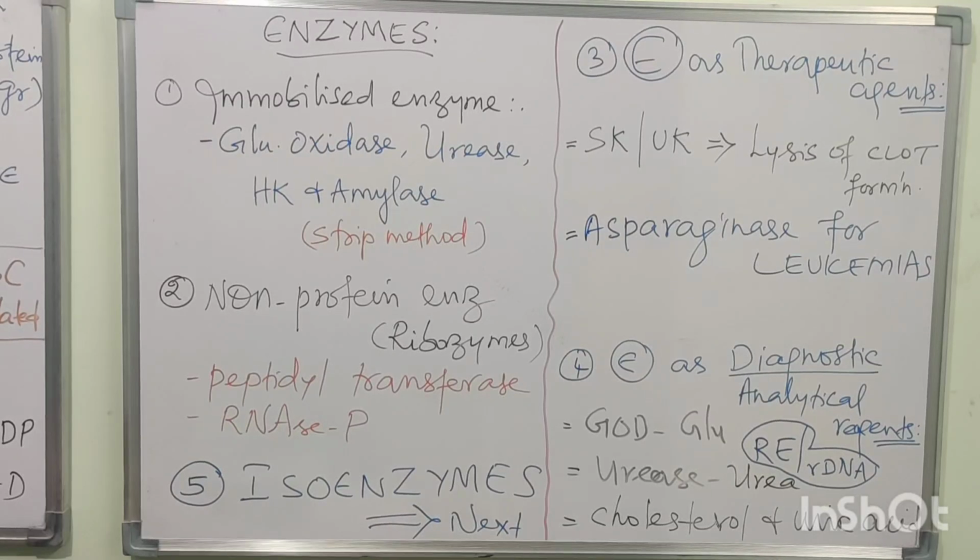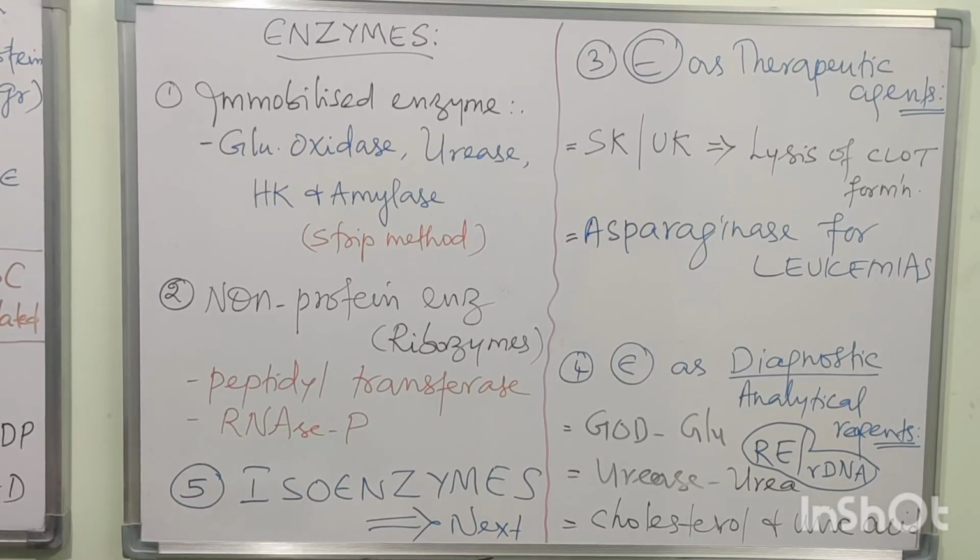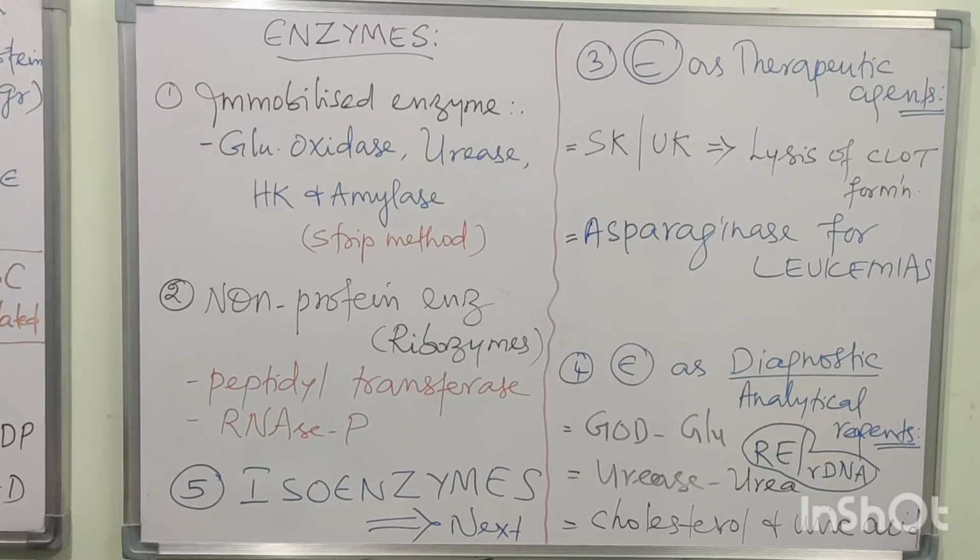In the laboratory they find urinary glucose and urinary urea like that, using the strip method of glucose by glucose oxidase. So in your MCQ, if they ask about immobilized enzymes, the answers will be glucose oxidase for glucose estimation, urease for urea estimation, hexokinase again for glucose estimation, and amylase for lipid estimation.